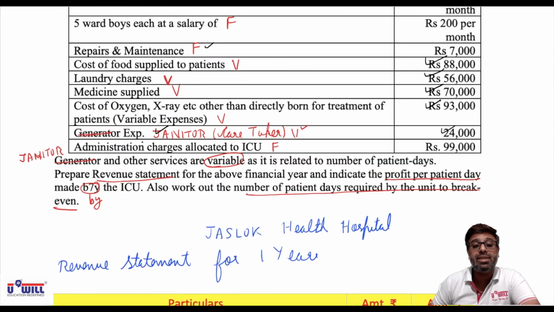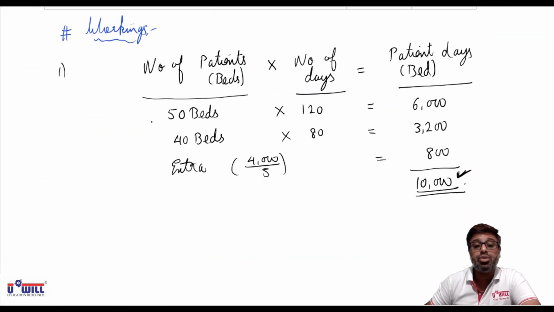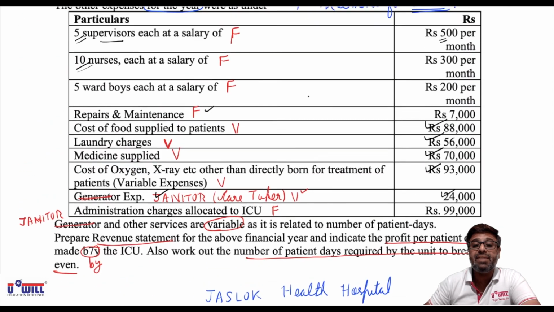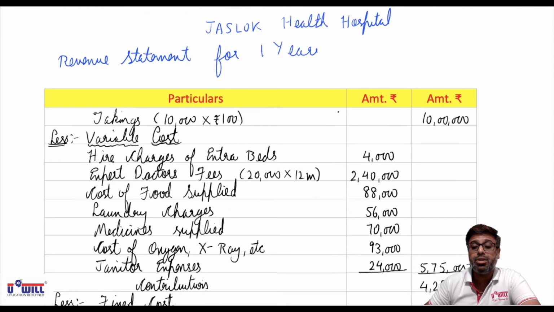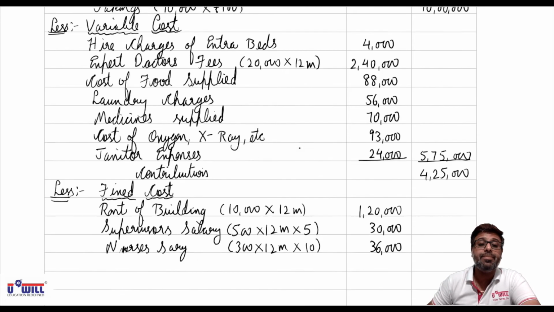Then after supervisor's salary, we have nurse's salary. There are 10 nurses and we are paying them 300 per month. So 300 per month into 12 months, 3,600 per nurse into 10 nurses, 36,000 would be the nurse's salary.